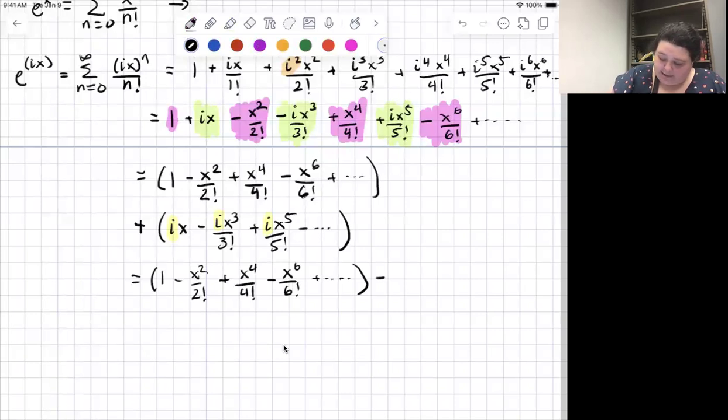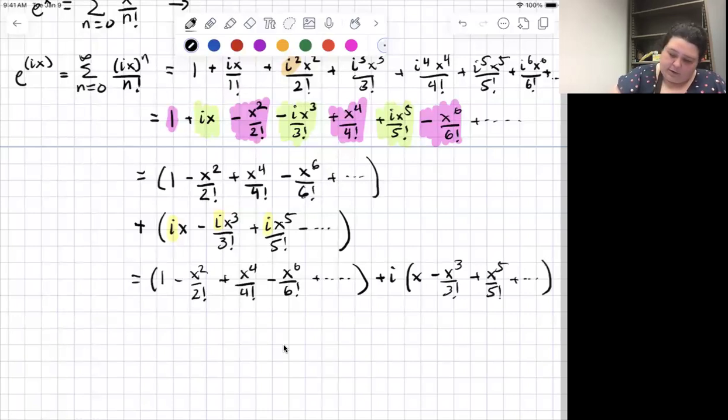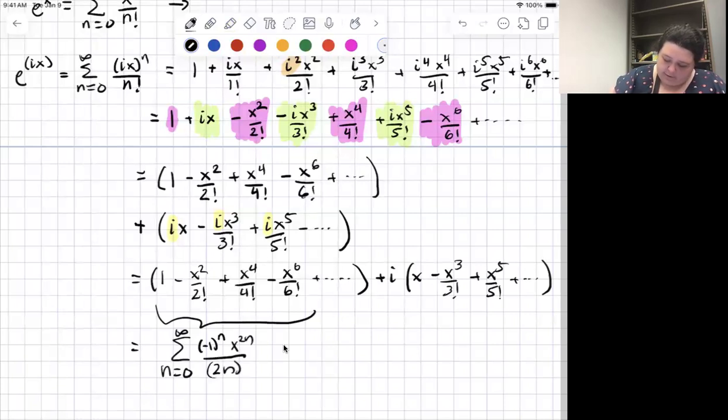But then I also have plus i times x minus x cubed over 3 factorial plus x to the 5th over 5 factorial, etc. And we have already said above that this here is the sum from n equals 0 to infinity of -1 to the n x to the 2n over 2n factorial.